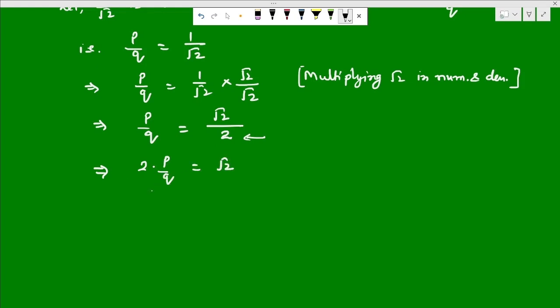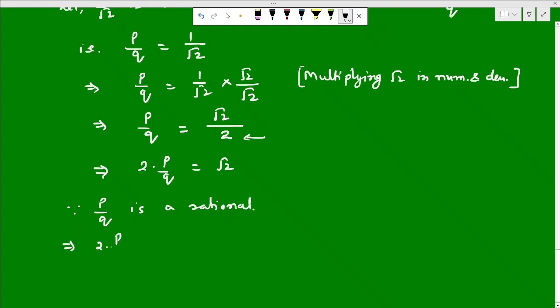Now you can see that in RHS we are left with only an irrational number, which is already proven. This is the square root of 2. After this, only the statements are required. We have P upon Q as a rational number, so 2 into P upon Q, or 2P upon Q, is rational.